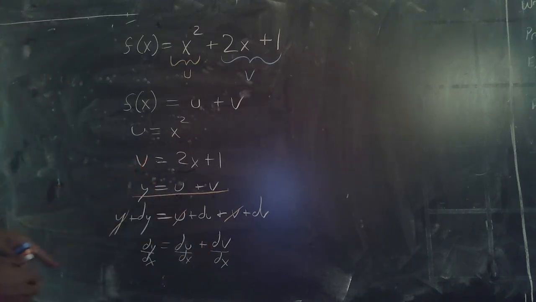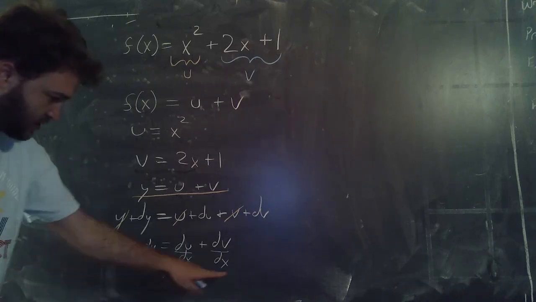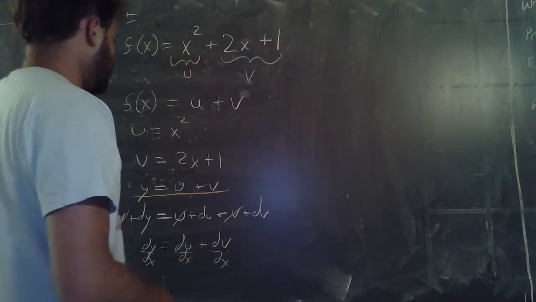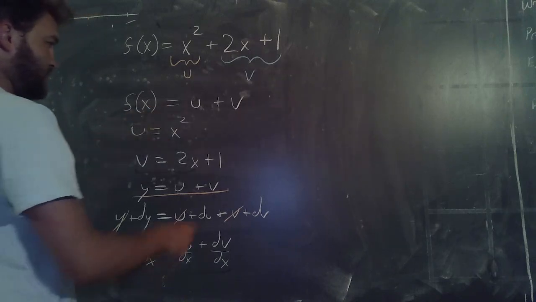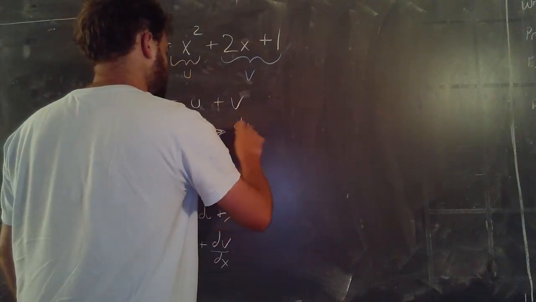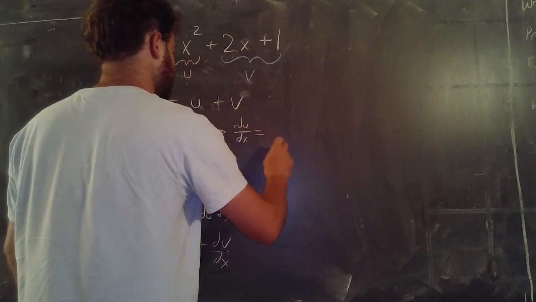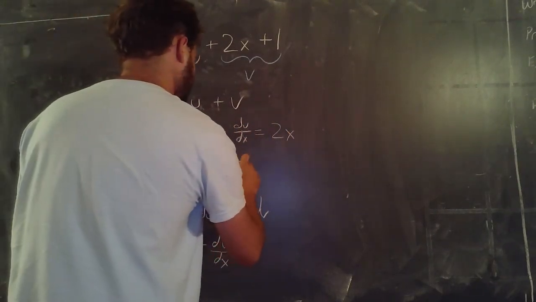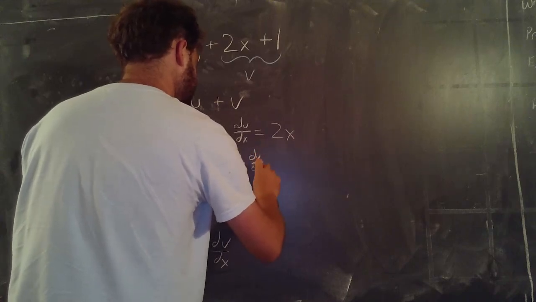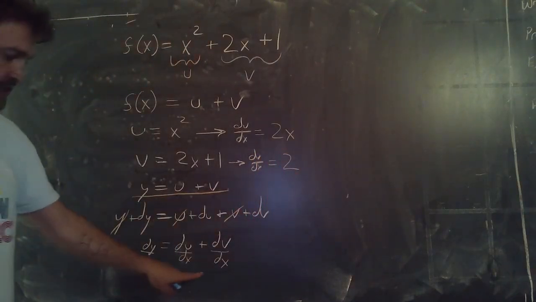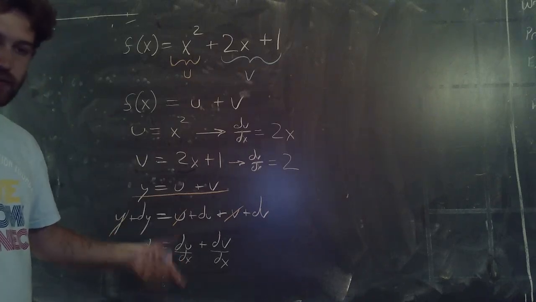What it says to do, in other words, this bottom thing right here, this is like our formula. It says that we just take the derivative of u, which we know would be the du dx quantity, that's 2x, and then we take the derivative of v, dv dx, which will give us just 2, and we assemble them together by addition.